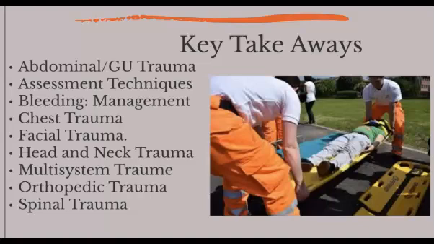And then spinal trauma, recognizing and immobilizing spinal injuries to prevent further damage. Now, stay vigilant and systematic in trauma assessments, and always refer back to your NREMT trauma assessment form. Prioritize life-threatening conditions first, of course, and use appropriate techniques for managing those various types of trauma.